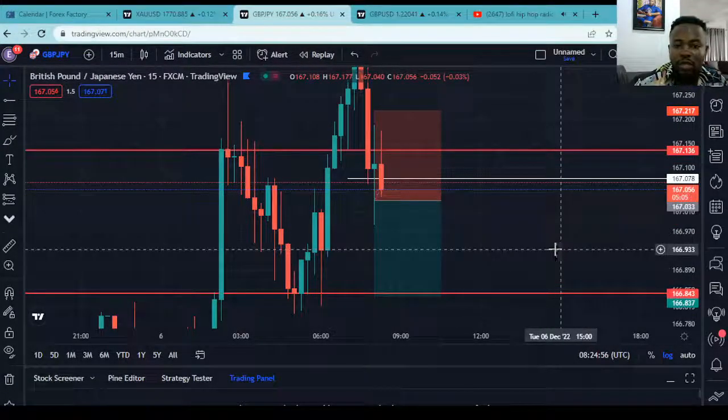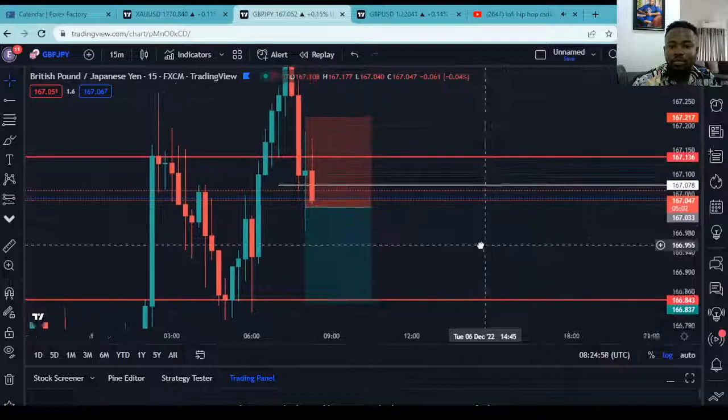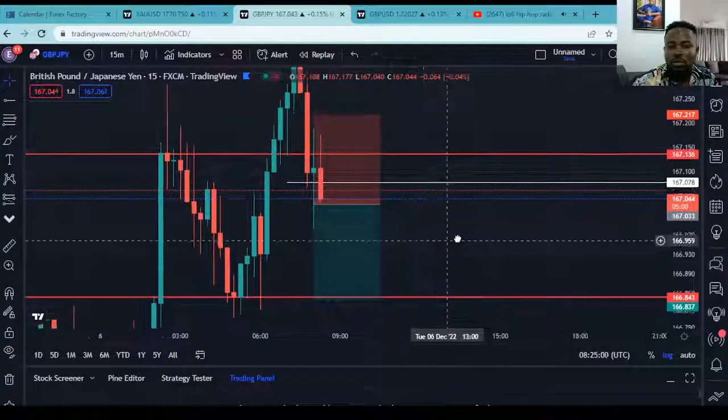This trade has taken quite a long time, but we'll see.